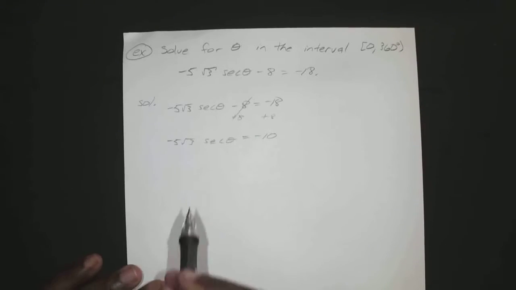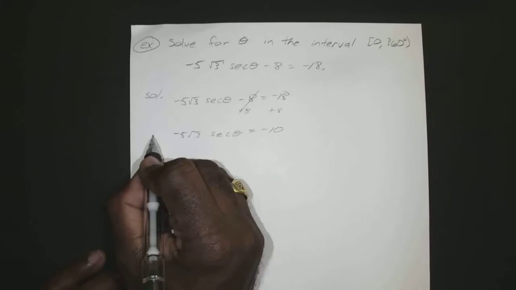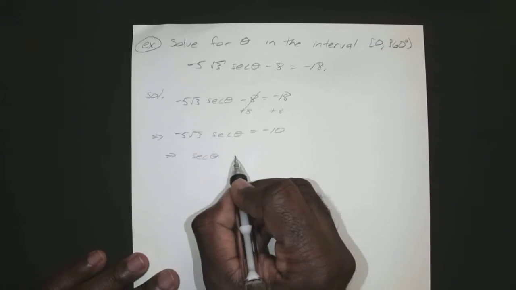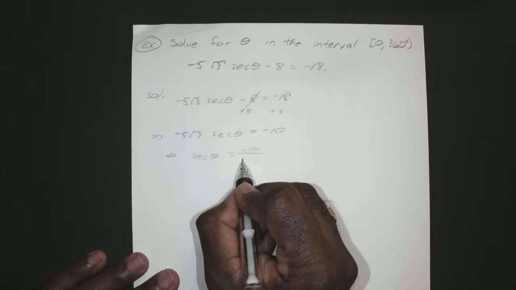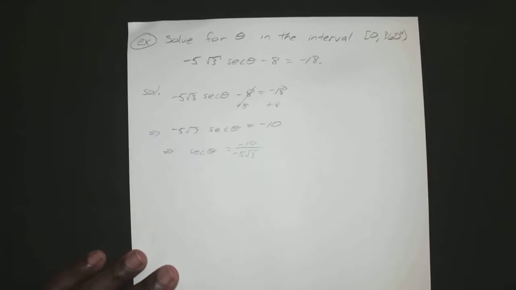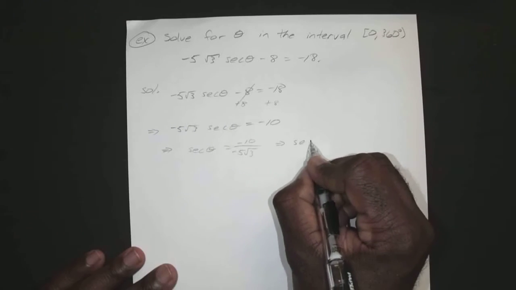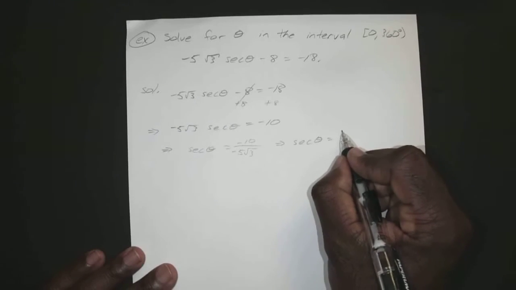Divide both sides by negative 5 square root of 3. Secant theta equals negative 10 over negative 5 square root of 3, which means secant theta is equal to 2 over square root of 3.